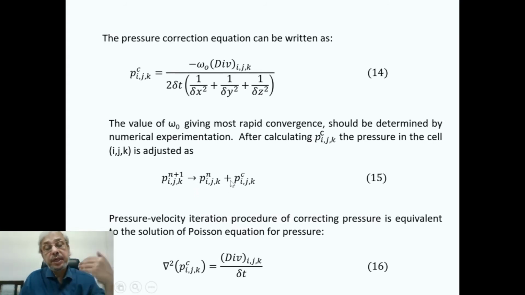So the pressure has to be corrected, and after having the pressure correction, we add it to the nth level pressure and get an improved Pijk, but that is not the final Pijk.